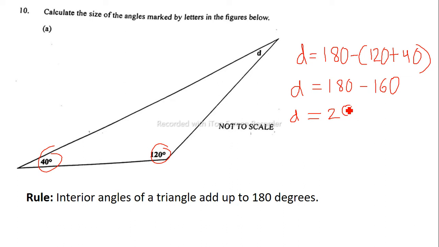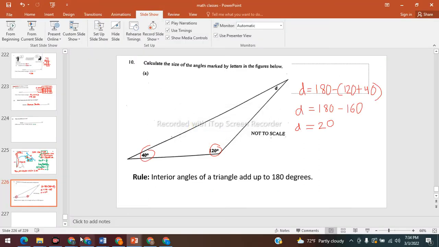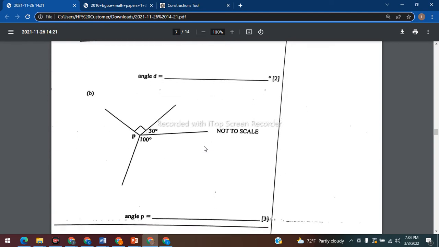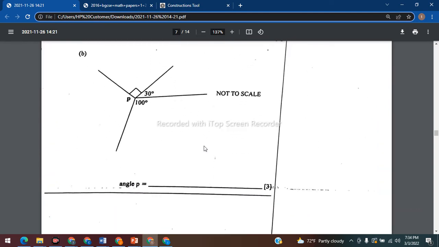All right, so let's move forward. So we need to figure out what this one is. What is P?